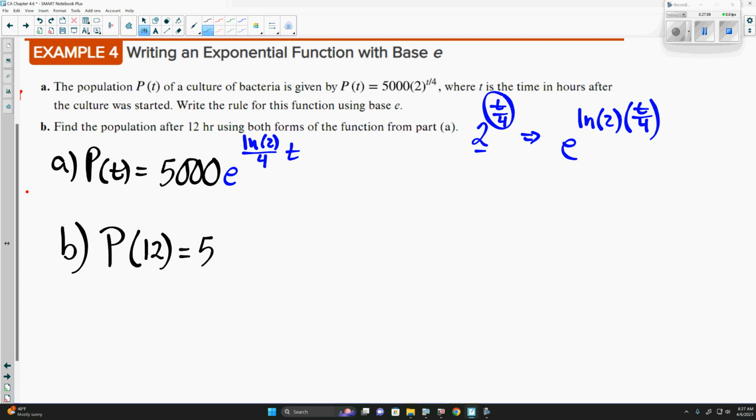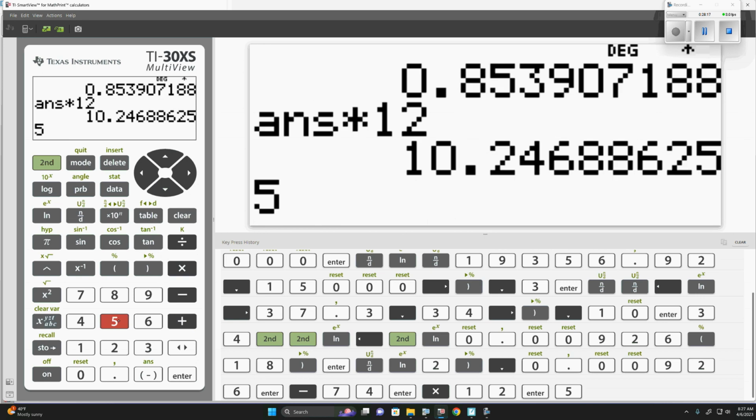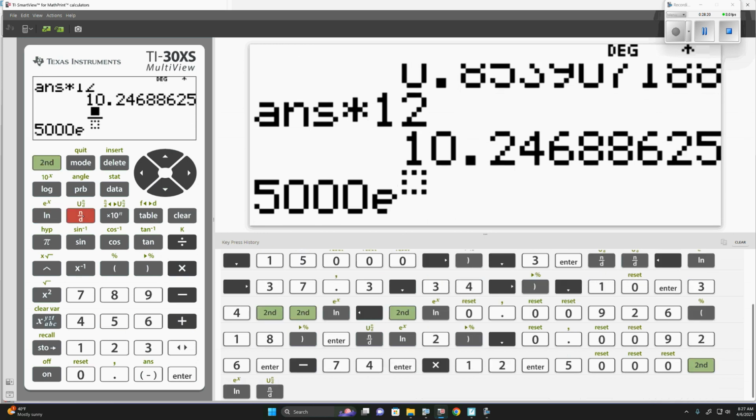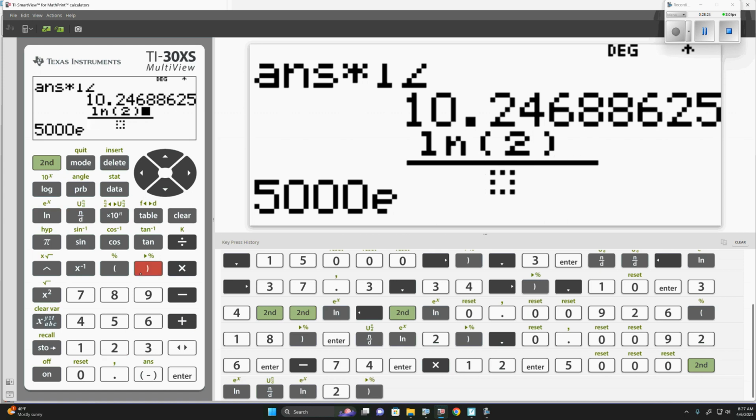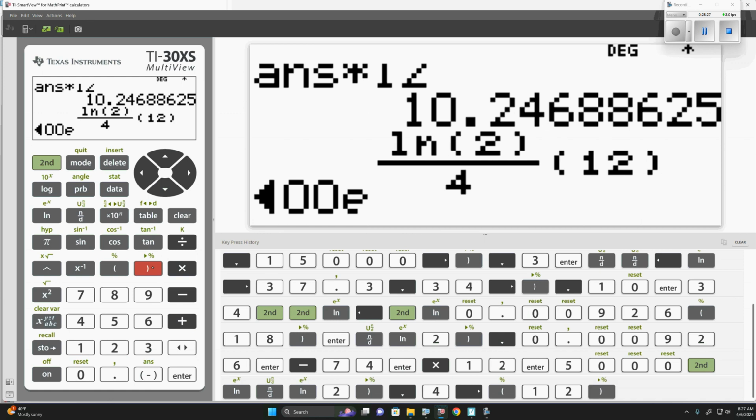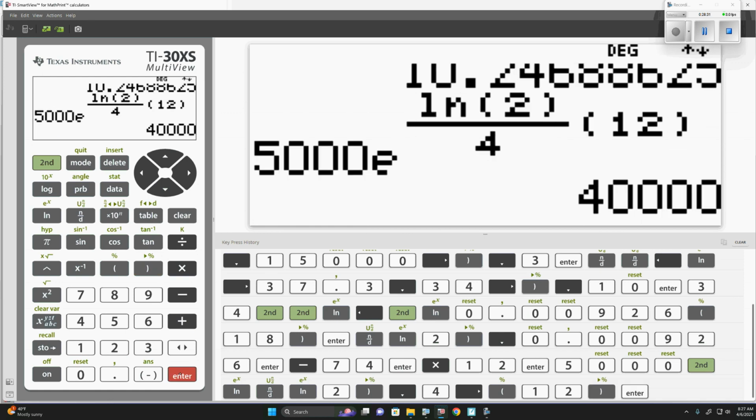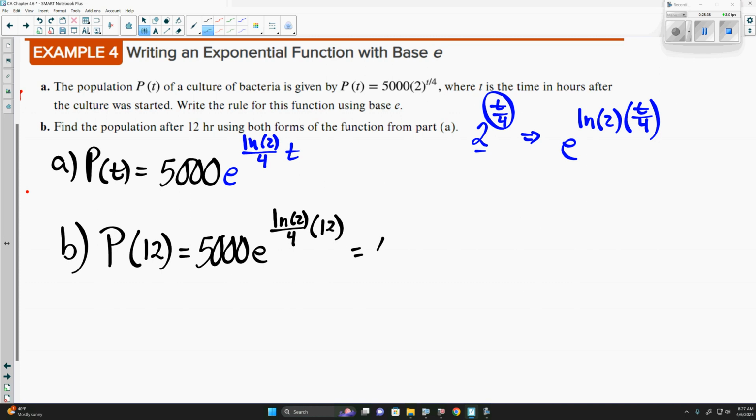So we'll start off with the one we found. 5,000 e to the ln of 2 over 4 times 12. e to the ln of 2 over 4 times 12 is, interestingly enough, 40,000. I kind of like how that works.